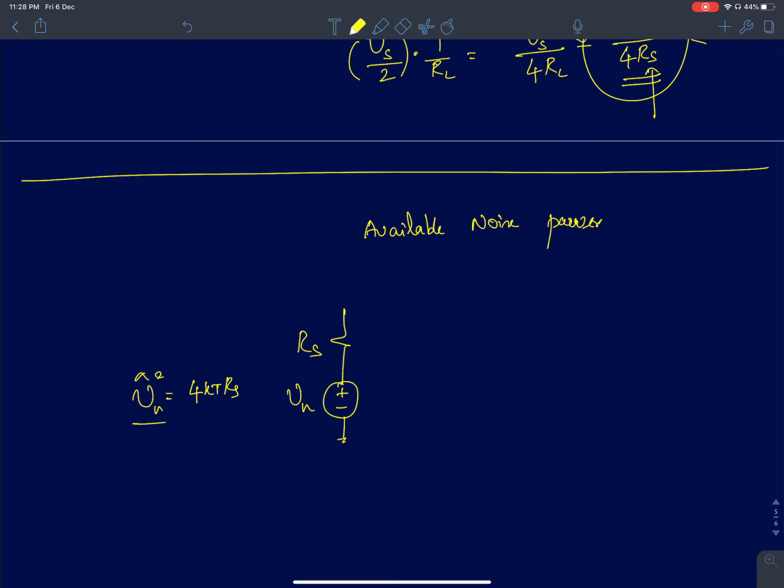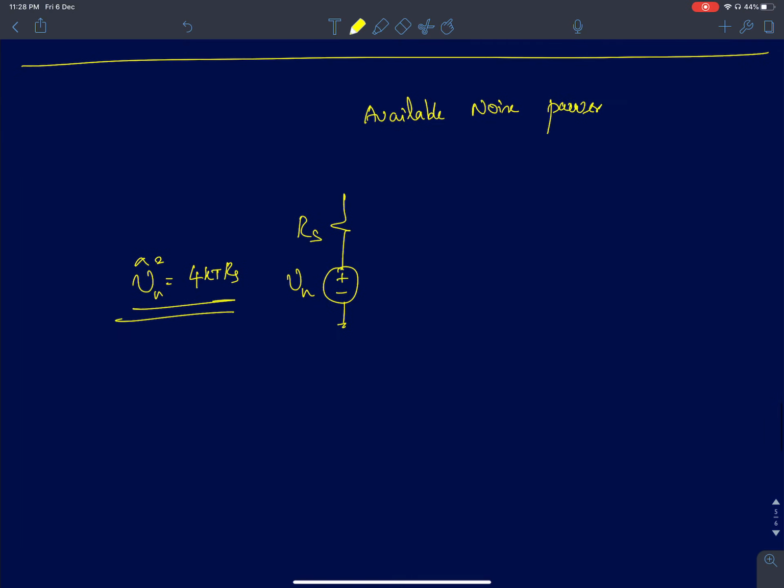This is the one-sided spectral density. So what is 4 kT Rs? It's the thermal noise, the noise voltage developed across the resistor. It's because of the random thermal agitation of the electrons in the resistor. Okay, so if the temperature is 0, there is no noise. That's what this equation is telling us.